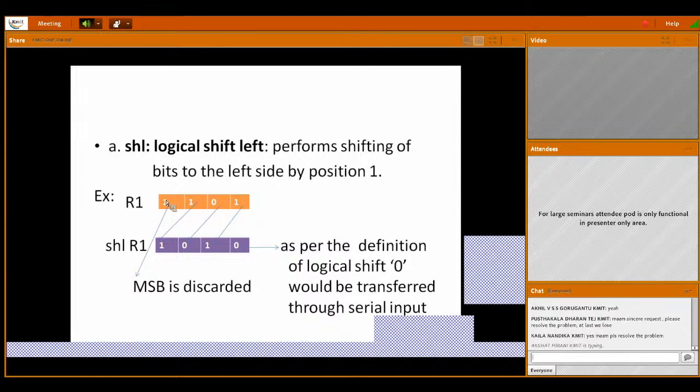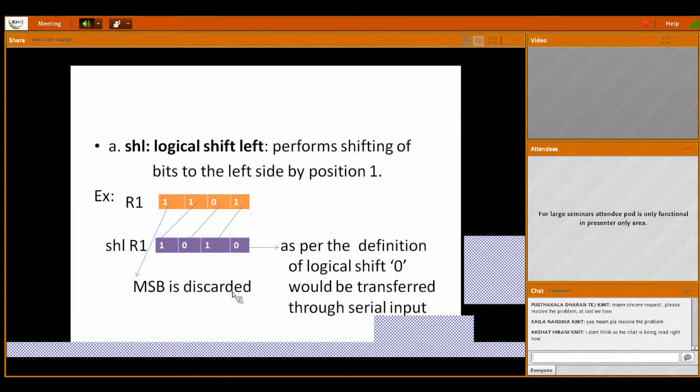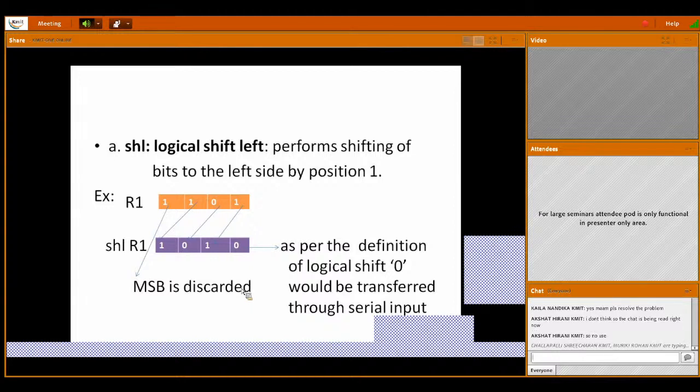When you are performing shift left, the bits are transferred to the left side like this. This one is shifted to this position. Your MSB bit is filled. So you can simply discard the MSB bit of the register R1. So in case of logical shift left, the MSB bit is discarded and the bits move to this position.